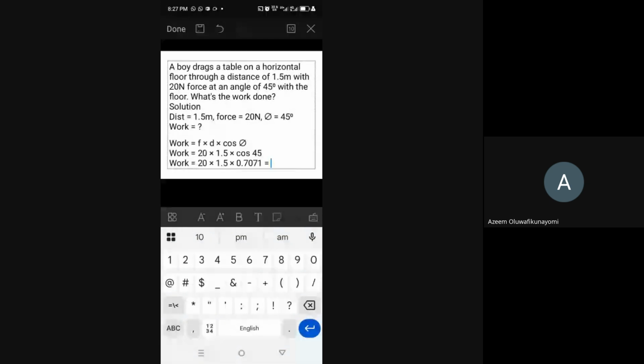I hope it's in degrees, not radian. It's a normal calculator that I'm using, not a scientific one.